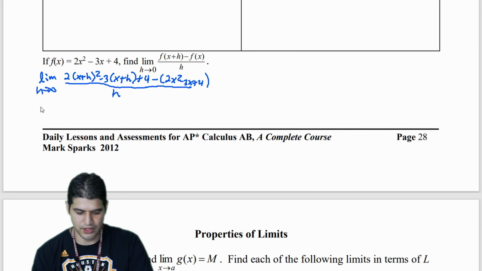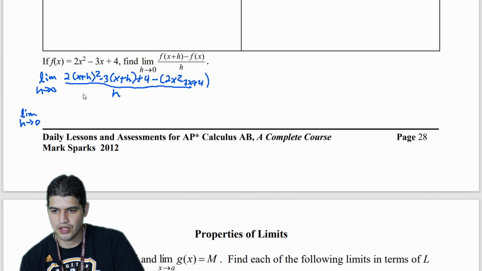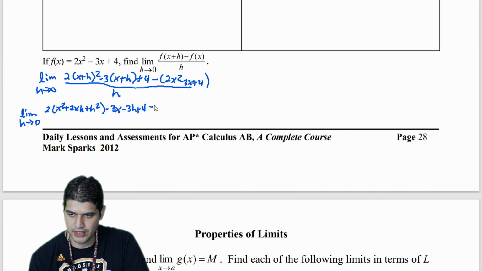All right, so let's simplify this out a little bit. Let's see what happens. So the limit as h approaches 0 of 2 times (x squared plus 2xh plus h squared) minus 3x minus 3h plus 4 minus 2x squared plus 3x minus 4, all over h.